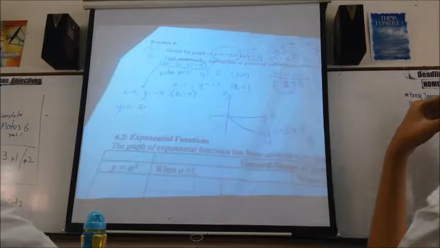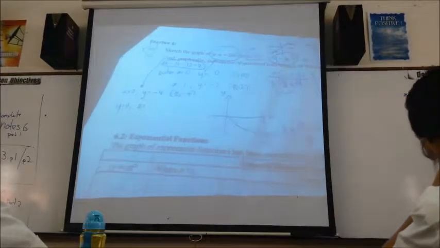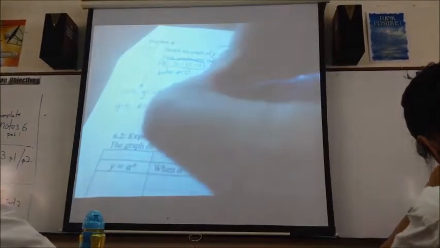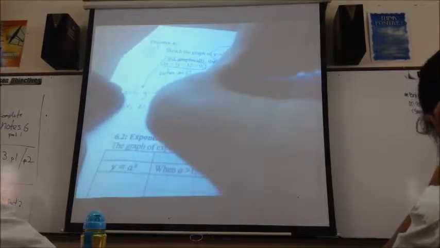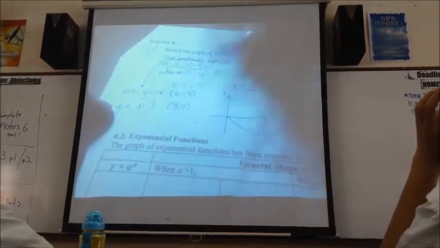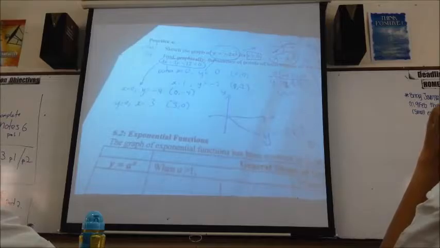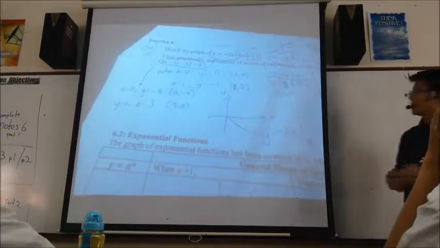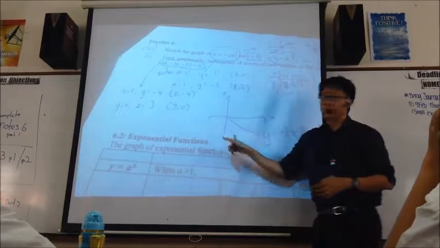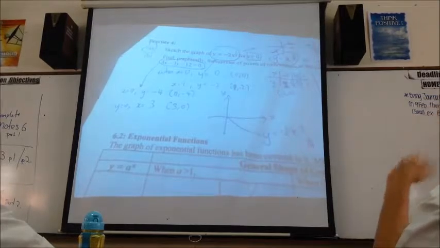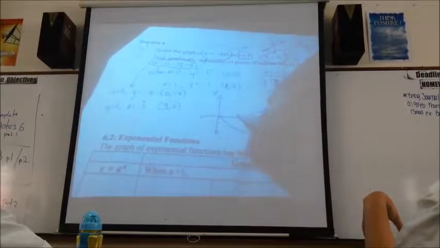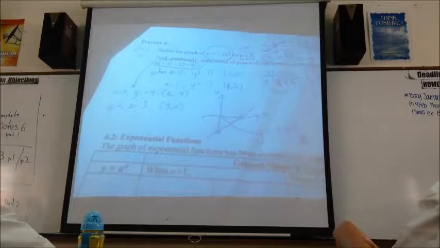Do you get 3? I wrote wrongly. Oh, correct. 3, 0. Oh, I got 2 points already. Can I plot and then draw a line? So 0, negative 4, somewhere here. 3, 0, somewhere here. Draw a straight line.